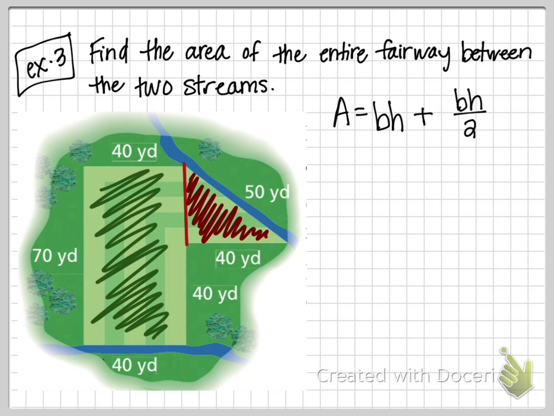So let's make sure that we know what each of these are. What's the base of our rectangle? 40 yards. And what's the height of our rectangle, Modibo? 70 yards. Okay, so let's plug those in. Base times height. That's for our rectangle.